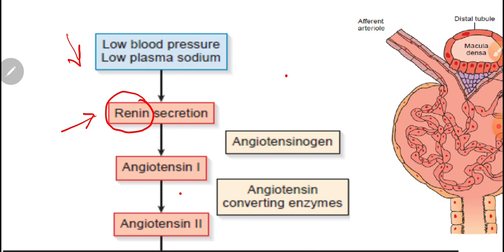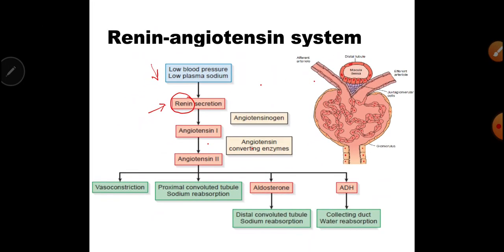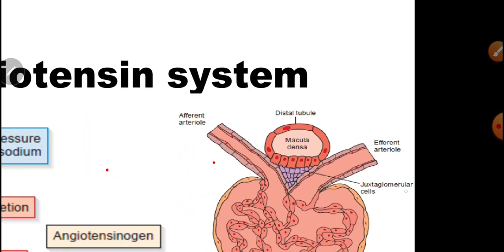This enzyme is produced from specialized cells called juxtaglomerular cells, those in purple color here. These cells are found between the distal tubule and the efferent arteriole, and they sense the change in the blood pressure.